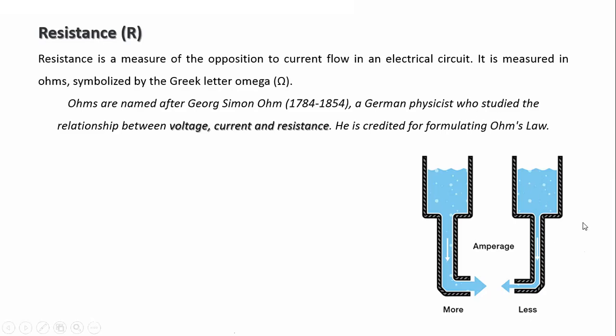Here is the example of a water hose in which we have two pipes of different diameter. As you can see, the water will flow easily and more quickly through this pipe A, whereas it will go with more pressure but with the least amount as compared to the first one due to its very low diameter.